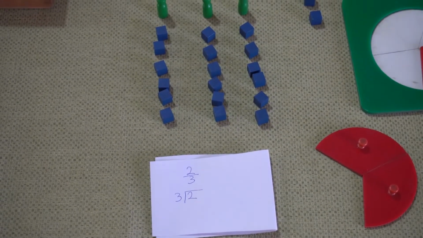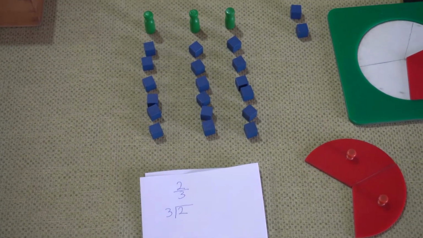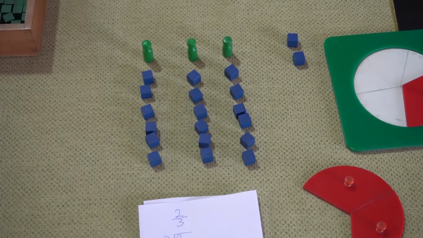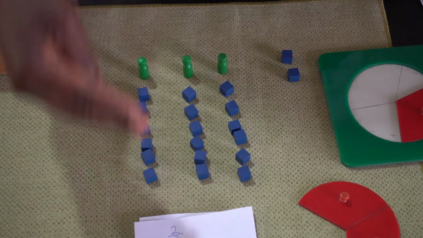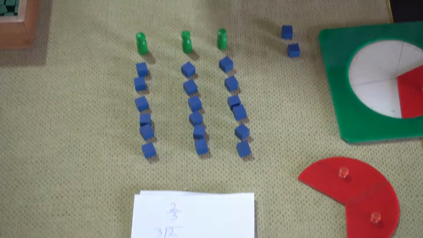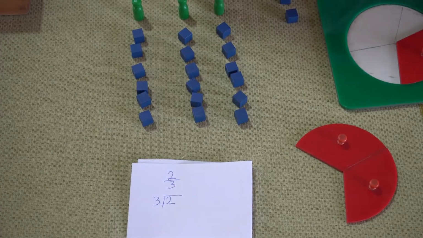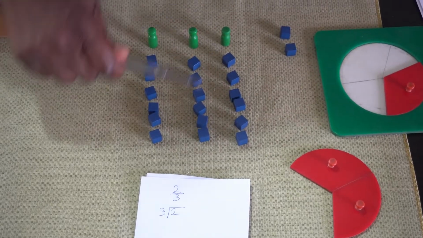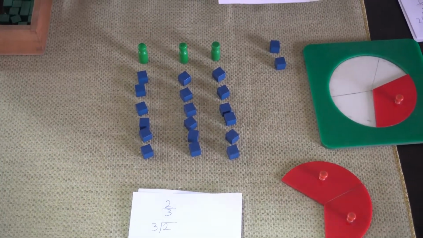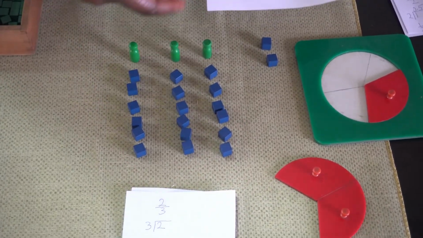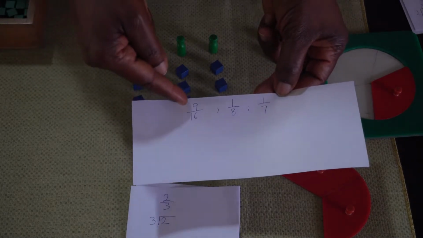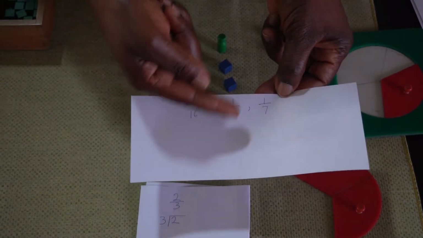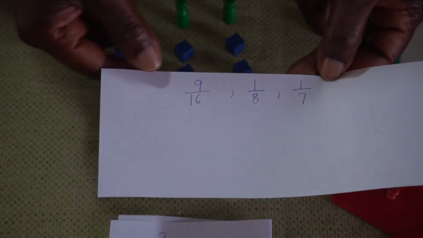So you can go ahead and continue sharing, and let us know what you get. So we exchange it to the thousandths, and then you can write your answer as a decimal fraction. So if you have done this and expressed it as a decimal fraction, I want you to also try these fractions: 9/16, 1/8, and 1/7.